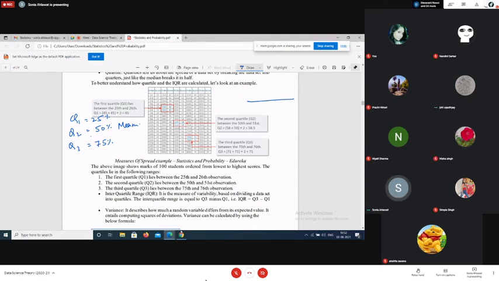Yes, ma'am. Hanji, fine, class. So this is how actually we work for Q1, Q2, and Q3. And interquartile range IQR is nothing but Q3 minus Q1. And it actually measures the variability based on dividing a data set into quartiles. So it is basically giving you the value upper quartile minus lower quartile.